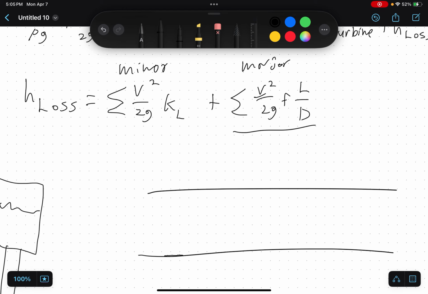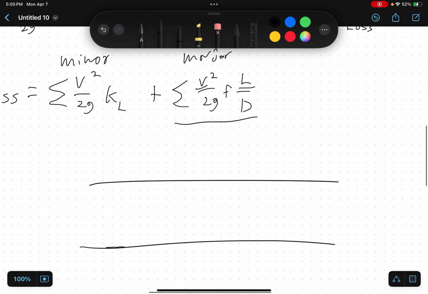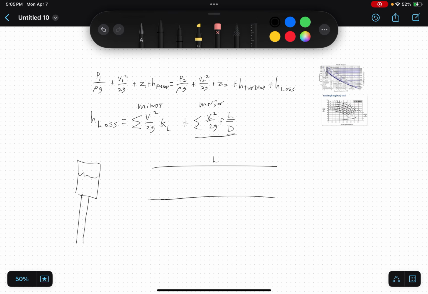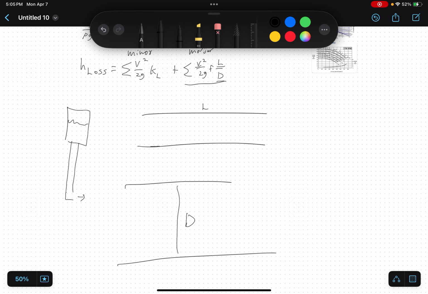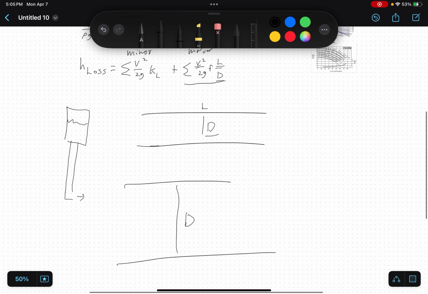And it's a function of L, the length, which makes sense because if the pipe is longer, it's going to lose more energy. And the diameter, but it's 1 over the diameter, which also makes sense because if the diameter is huge versus small, more of the fluid will be hitting the wall in this top picture than the bottom picture.